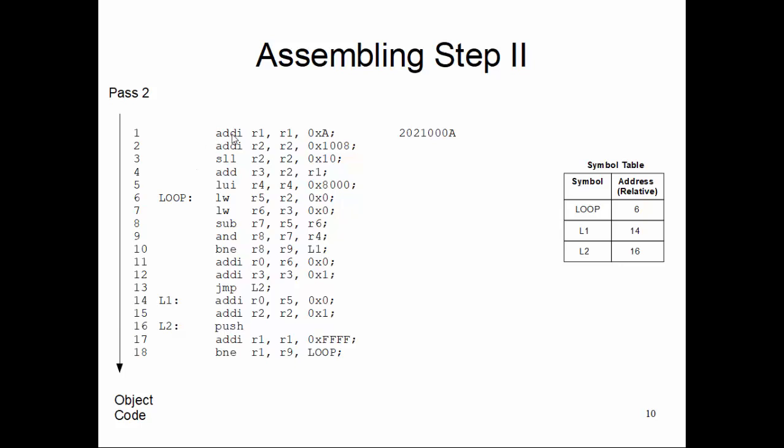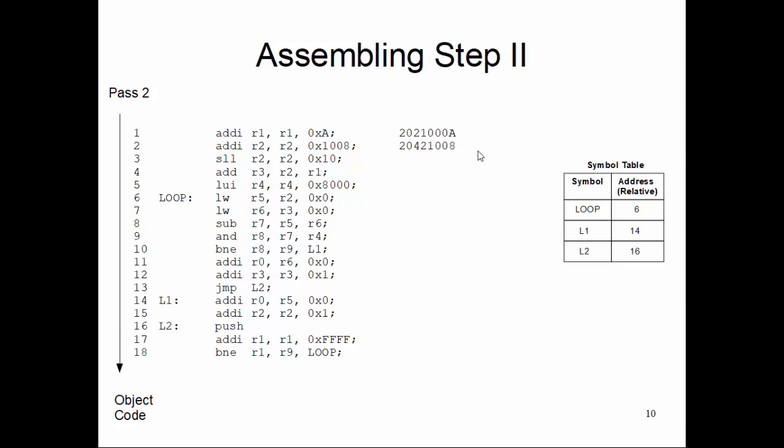We look at the opcode, the function code, the RS, RT and the immediate values, put them in the already predetermined format, and put those binary values together to make a 32-bit machine code out of it. That is the process the assembler takes to make the corresponding machine code.